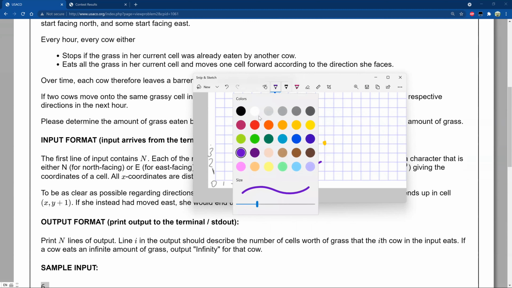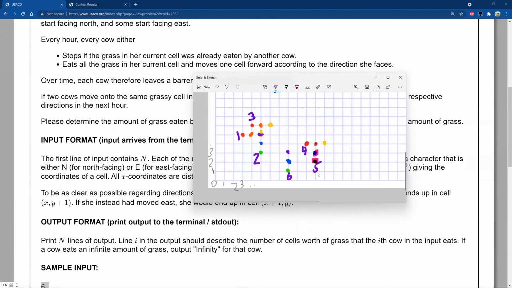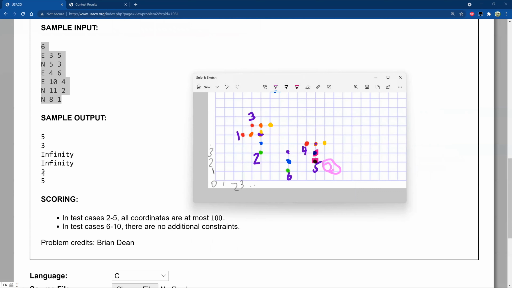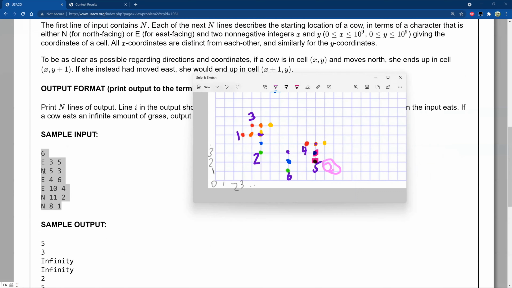So cow 5 has been stopped, and it has eaten 2 grasses. And so look right here, cow 5 has 2, right?